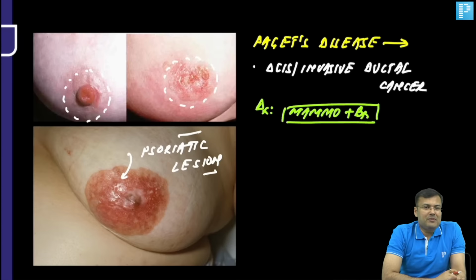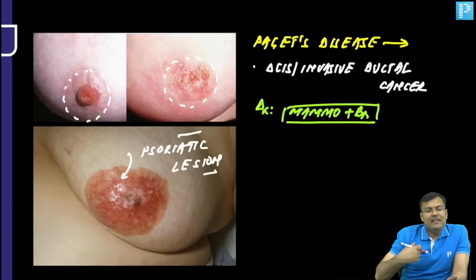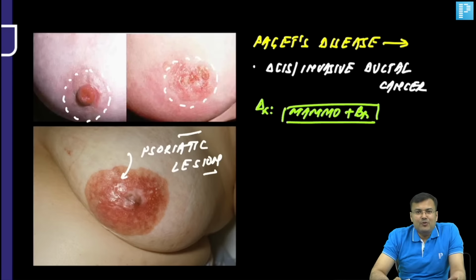Next, what is the treatment? Guys, if there is an underlying malignancy, which treatment should be done in this case? I am waiting to see who will reply correctly. Paget's disease of the nipple, what's the treatment? Since there is an underlying malignancy, DCIS, very good, mastectomy. Which mastectomy? First person to reply correctly, Ravi Prakash Ray.